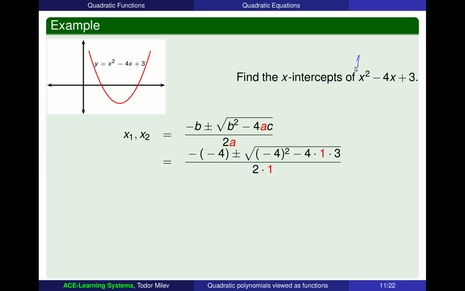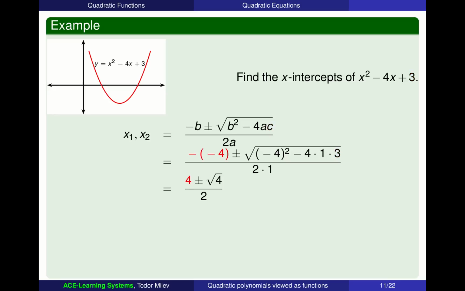So here I'm having 1 times x squared. So a is equal to 1, because once again, when I have x squared, it's the same thing as 1 times x squared. And finally, c is equal to plus 3.